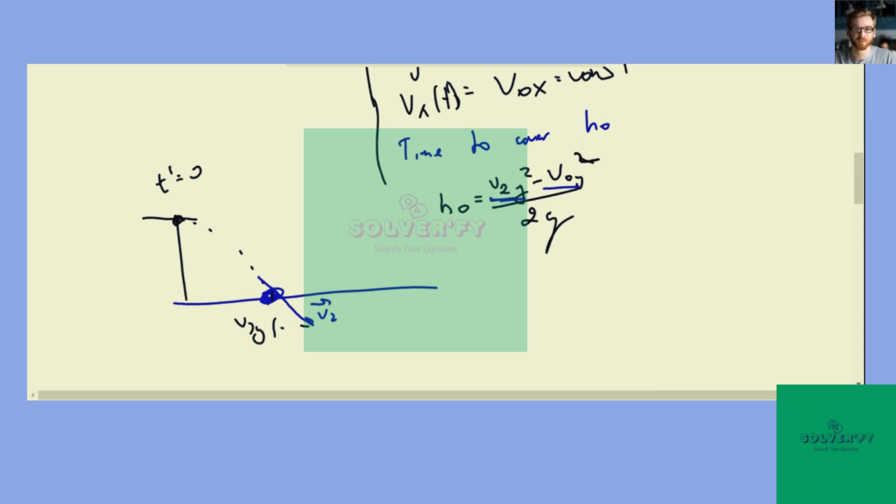So now we can calculate this. 2gh0 equals v2y squared minus v0y squared.